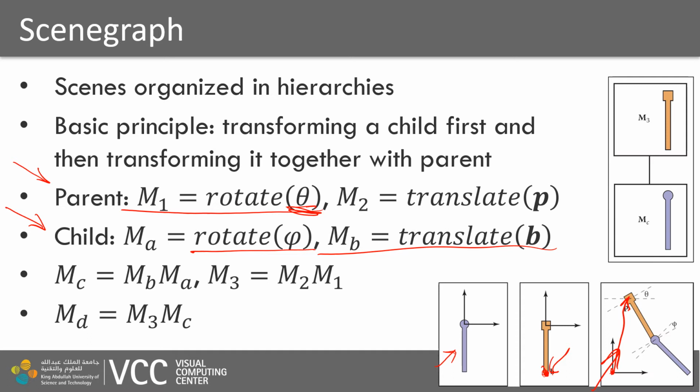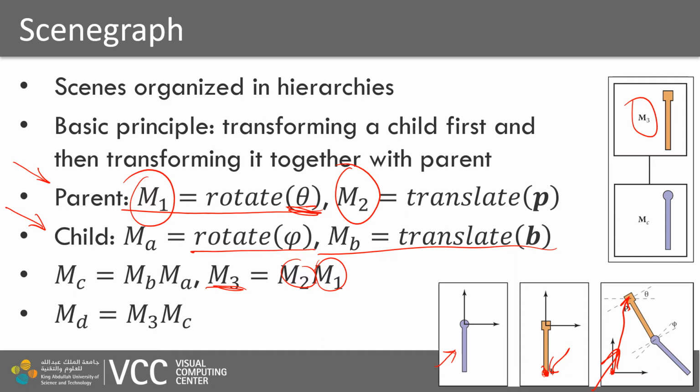And if we, for both of these parts, then apply the operation, which is called here M3, which consists of M1 and M2. So M1 and M2 is equal to M3. Then we will be transforming both of these parts together.